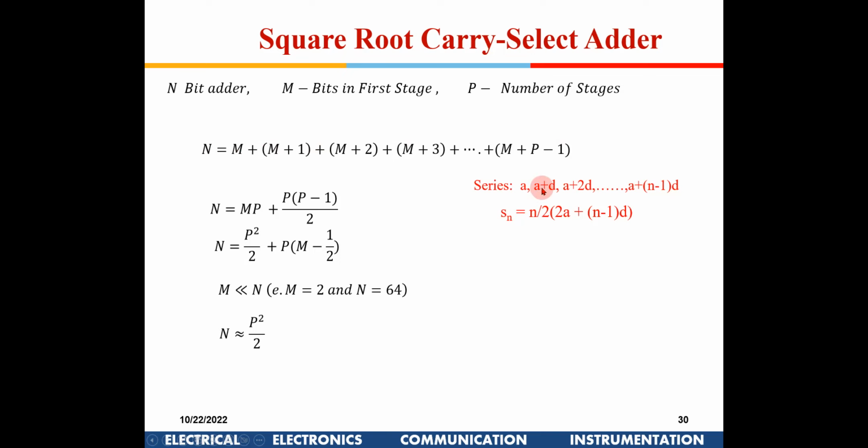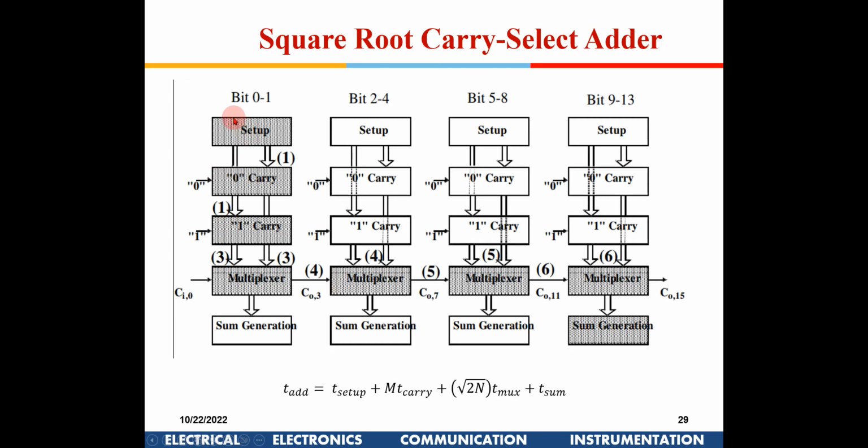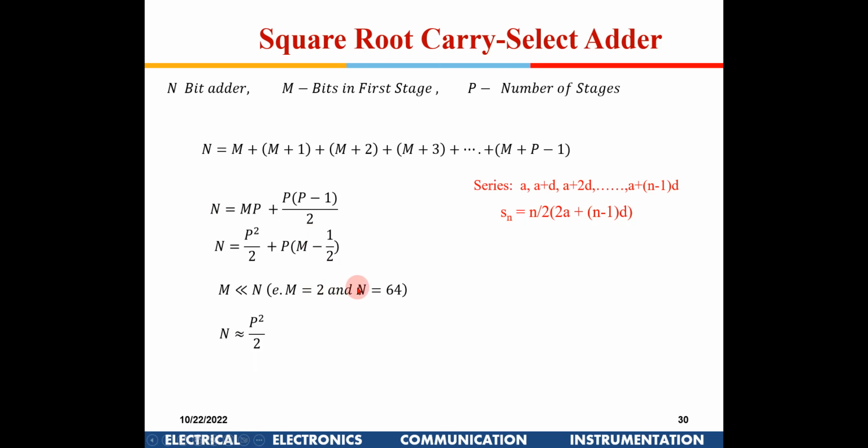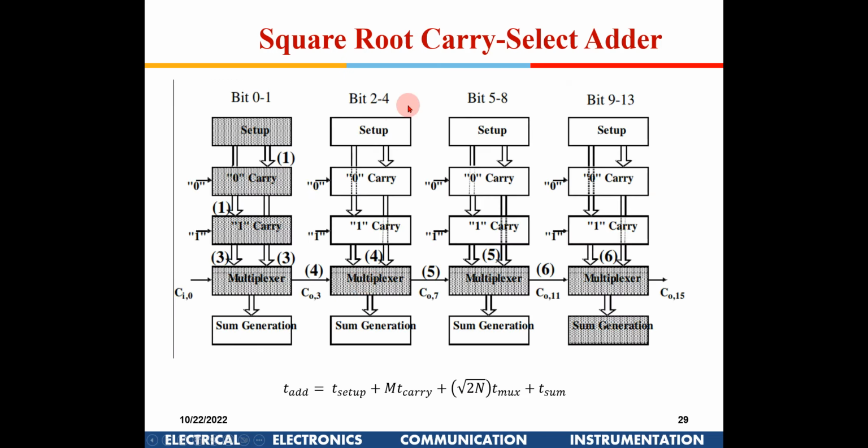Now this is a series, right? If you add that series using this formula, you get mp plus p into p minus 1 by 2. Now if you consider m, the number of bits in the first stage, like for example here we took only 2 bits, so m is much lesser than n, right?